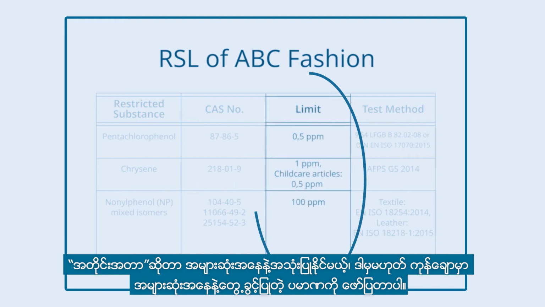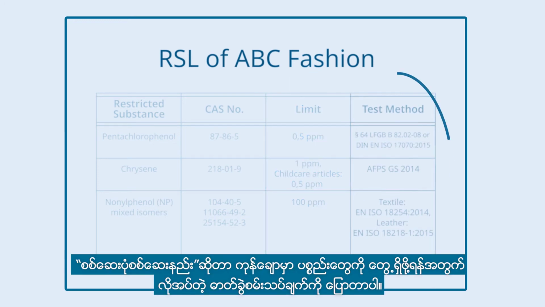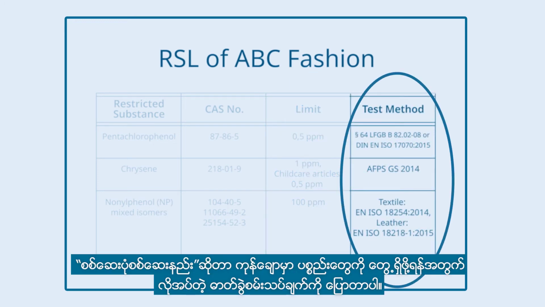The limit column shows the maximum allowable and detectable amount of that substance in the finished product. Some substances are completely banned for usage and are not allowed to be found in the end product at all. The column Test Method indicates the specific laboratory test required for detecting that substance in the end product.